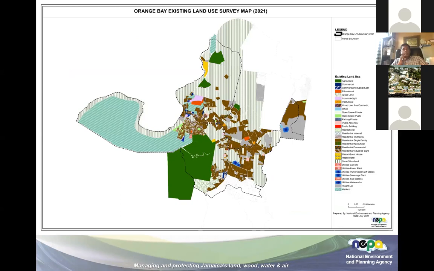We're seeing a part of the Great Morass to the left side of the screen by Ireland Pen, Rutland Point area there. We're also seeing a couple large tracts of agricultural lands. We're seeing significant residential areas, etc., and some interspersed commercial uses.